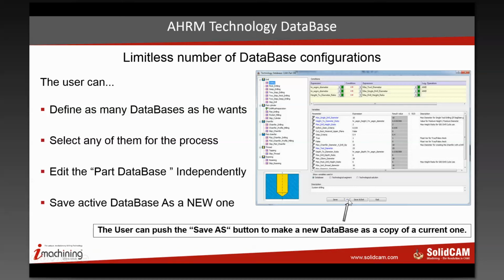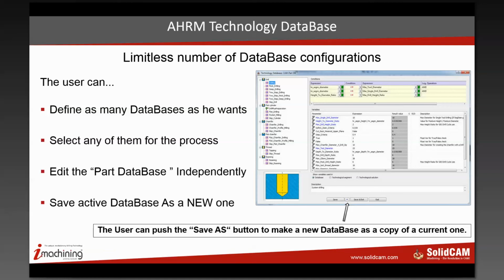Notice we put a little Save As button down here in the bottom for you. So now you can go in here, do a Save As, give it a new name, play to your heart's content, okay? You can select any of them for the process that you want to use in the current process. Guess what that means, guys? Now you can go in, if you want to, in your data structure, you can hard code all your feeds and speeds, tool selections, and so forth based on a material set.